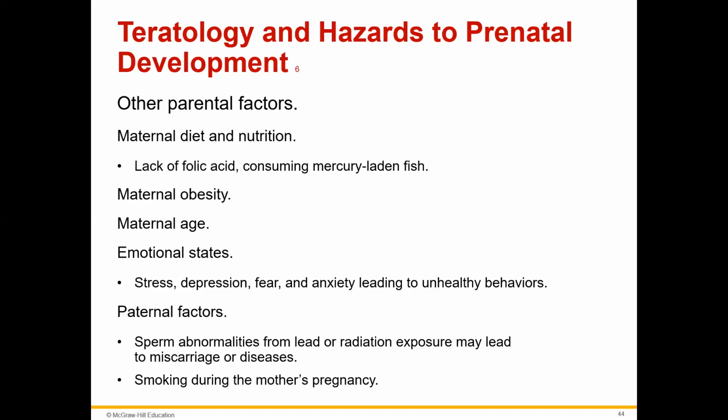So mothers need to be careful, expectant mothers, not to consume mercury-laden fish. The best rule of thumb to use is little fish good, big fish bad. If it's a big fish like a tuna, for instance, or a shark, you don't want to be eating that. Big fish live long lives and have a chance to absorb a lot of mercury during their lifespan.